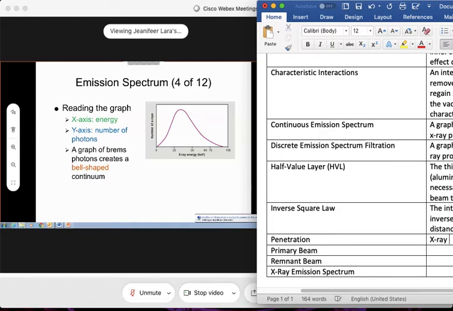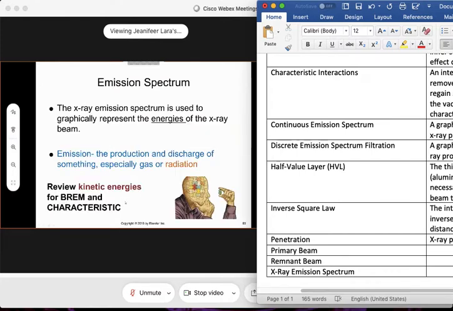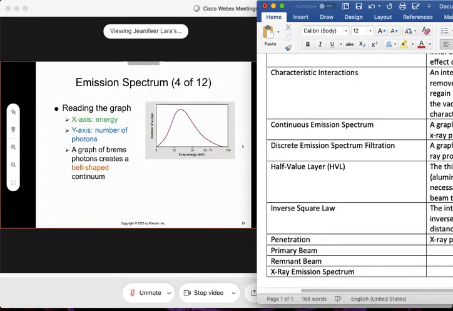69.5. Good. So in order to eject a binding energy of 69.5, can the filament electron have anything less than 69 keV? No. So a filament electron has to possess enough kinetic energy to sufficiently start characteristic, which means higher than 69 keV. How do we get our filament electrons, Jessley, higher than 69 keV?